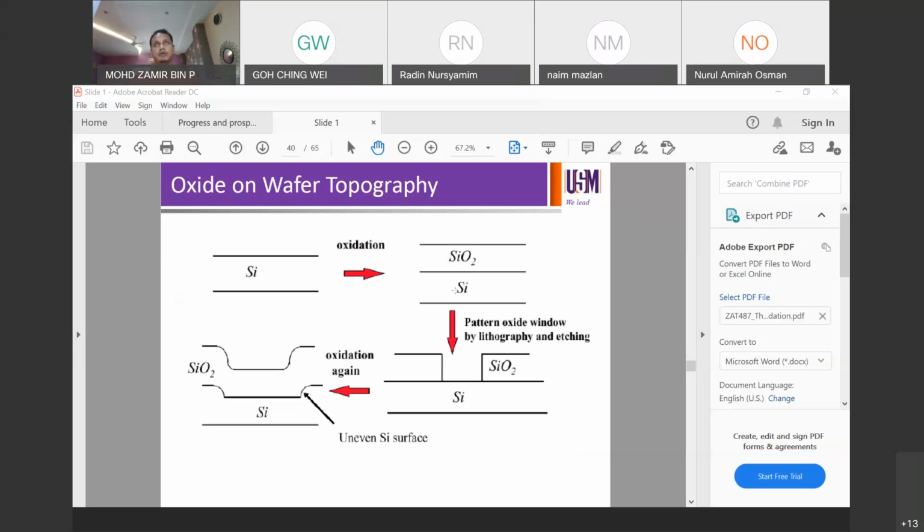Just imagine that the oxide is not only on the top surface, but actually it consumes the whole surfaces of your silicon. When you do the oxidation process, all surfaces will be exposed to the oxidant, so you have your front surface, your rear surface, and the sides of your silicon wafer. So you're going to have your oxide on the whole surfaces.